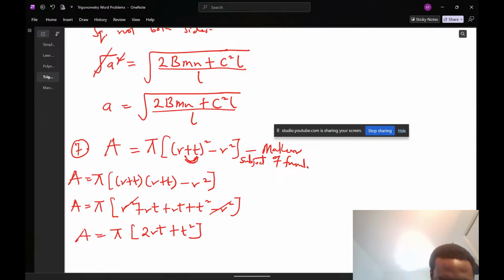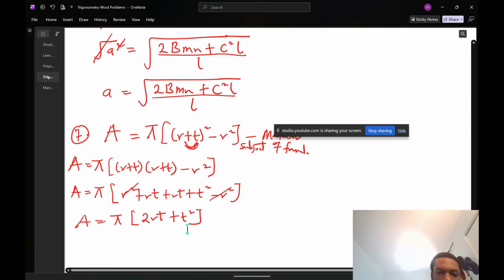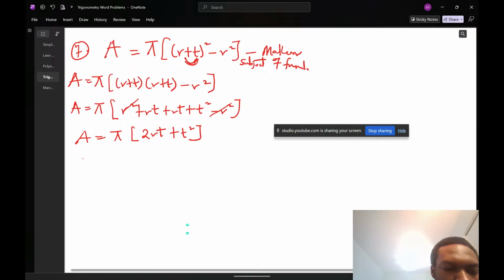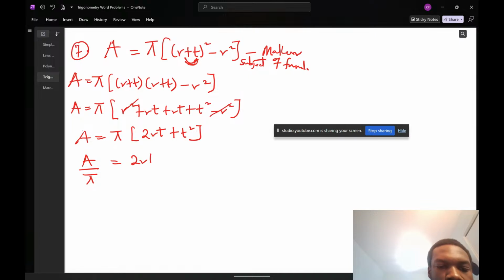So A is equal to pi into 2rt plus t squared. So that will be A over pi is equal to 2rt plus t squared.